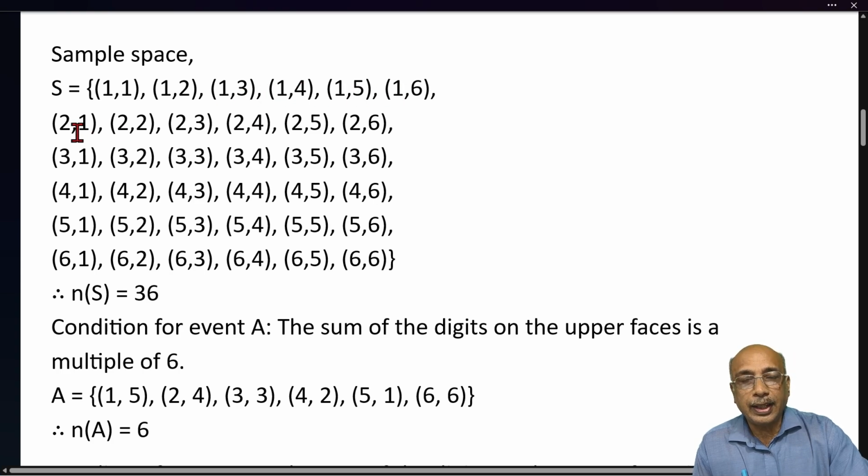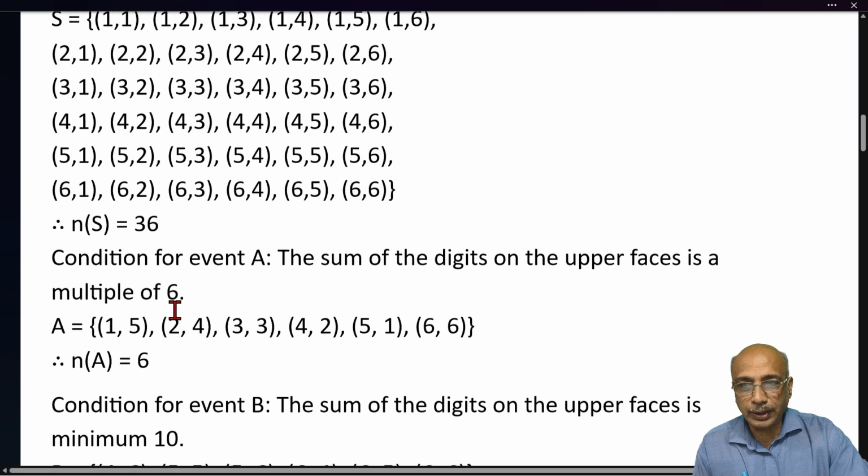Then 2 on the first die, second die 1, 2, 3, 4, 5, 6. Like this you can go on for the first die 3, 4, 5, 6. There are 6 in one row, so there will be 6 into 6, 36. So N(S) will be 36.